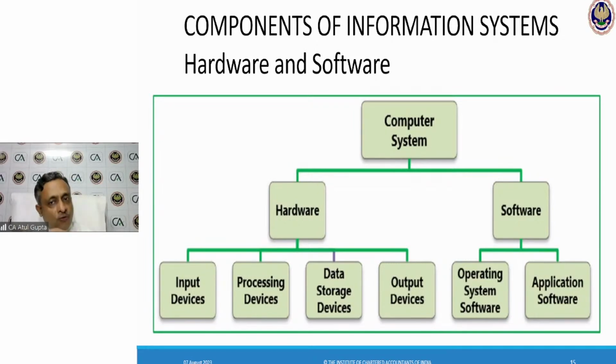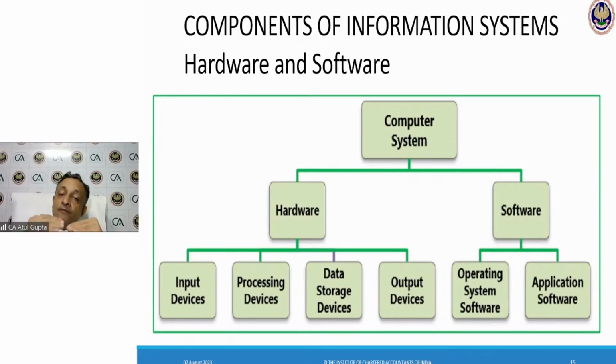Then when you talk of software, there are technically two types of software. On the top, you can remember system software and application software. System software is that which creates the man-machine interface. And application software is that through which the user gets his or her needs fulfilled. Those oriented to user needs are application software.